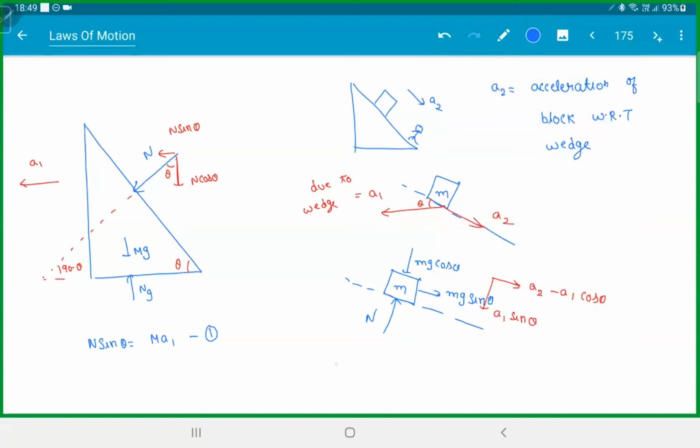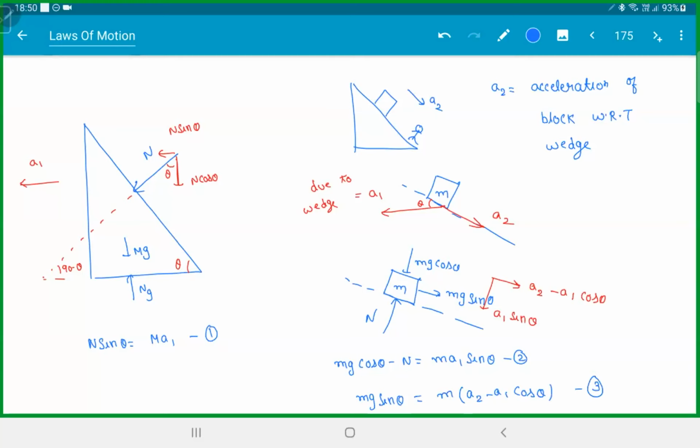And this would be mg cos theta minus N is equal to mA1 sin theta. Mg sin theta is equal to m into A2 minus A1 cos theta.